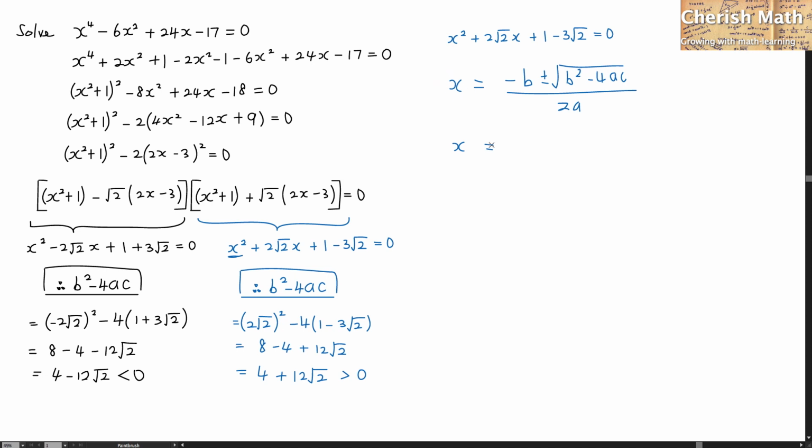And that is negative 2 square root of 2 plus or minus the square root of, I will just pick up the discriminant that I got earlier here and substitute it, divided by 2. I need to simplify this equation.